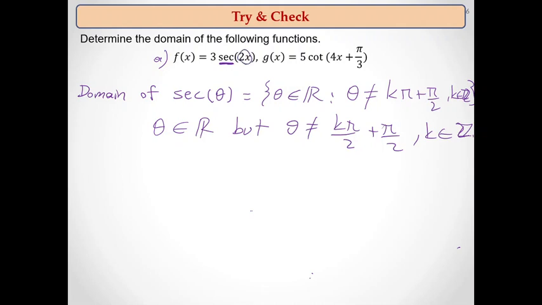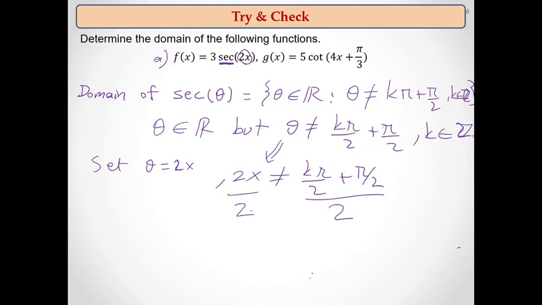Theta is 2x, so set theta equal to 2x and write the same thing: 2x not equal to k pi plus pi over 2. How do you solve this one? You divide both sides by 2, so x will not be equal to k pi over 2 plus pi over 2 over 2, which is k pi over 4 plus pi over 4.